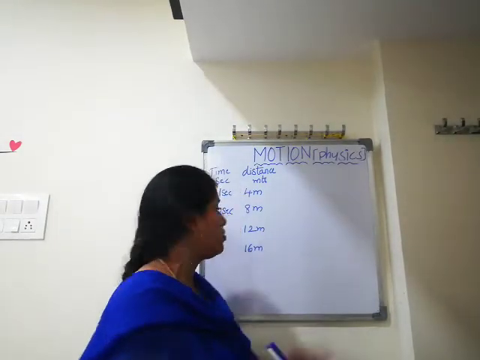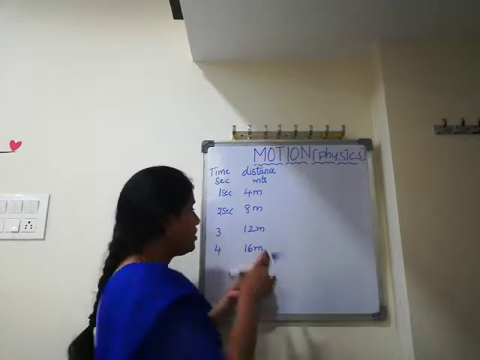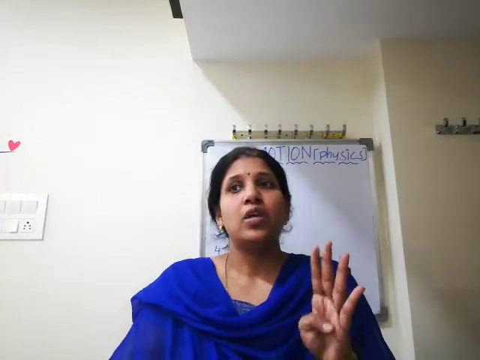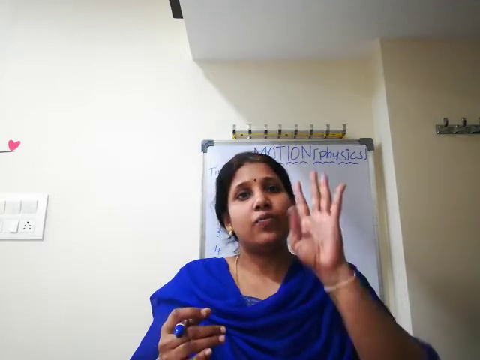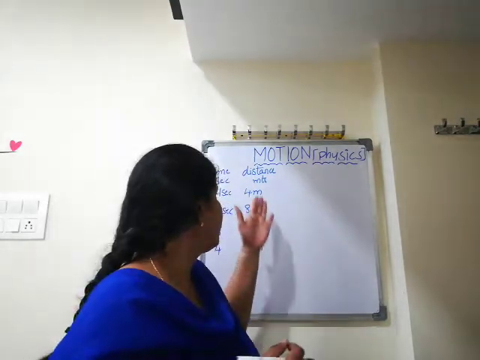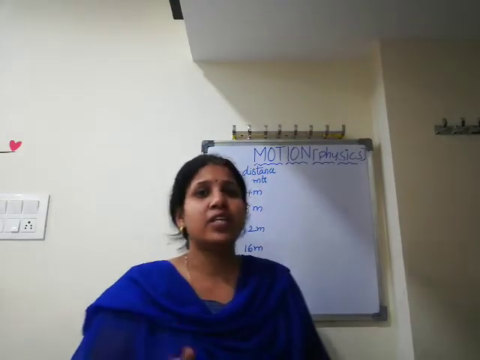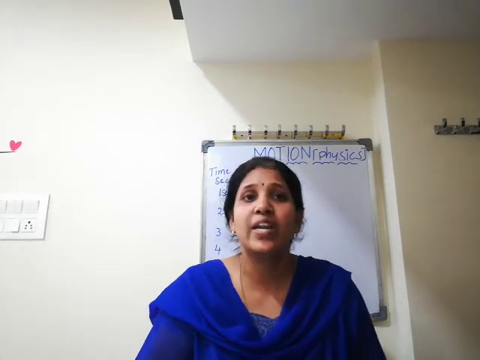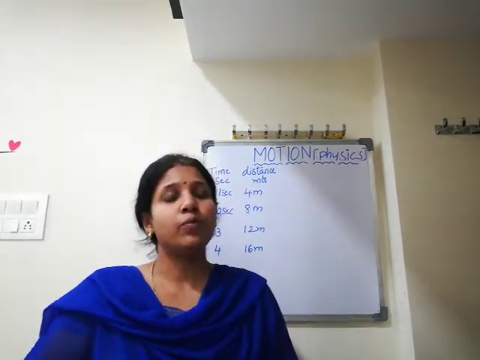In that 1 second, 16 minus 12 is again 4 meters. In 4 seconds, at every second the distance travelled by that object is 4 meters only. So that is why we call it uniform motion.